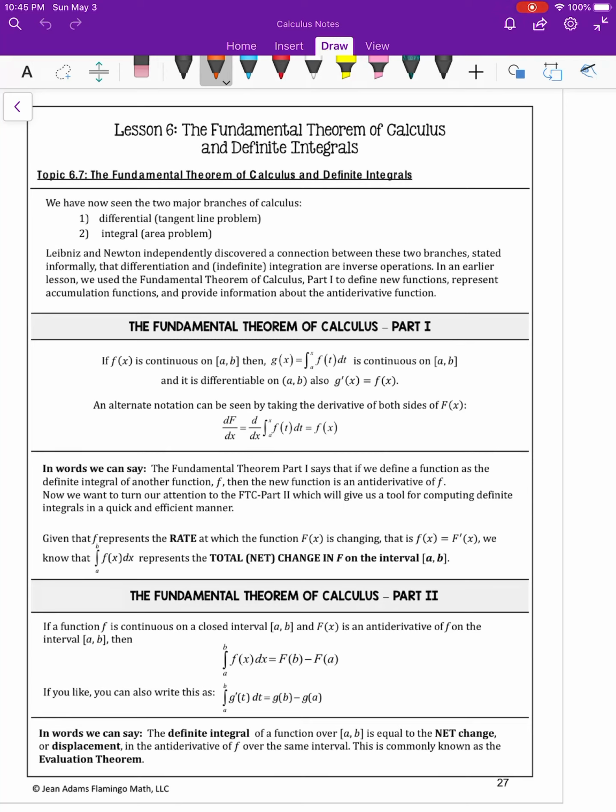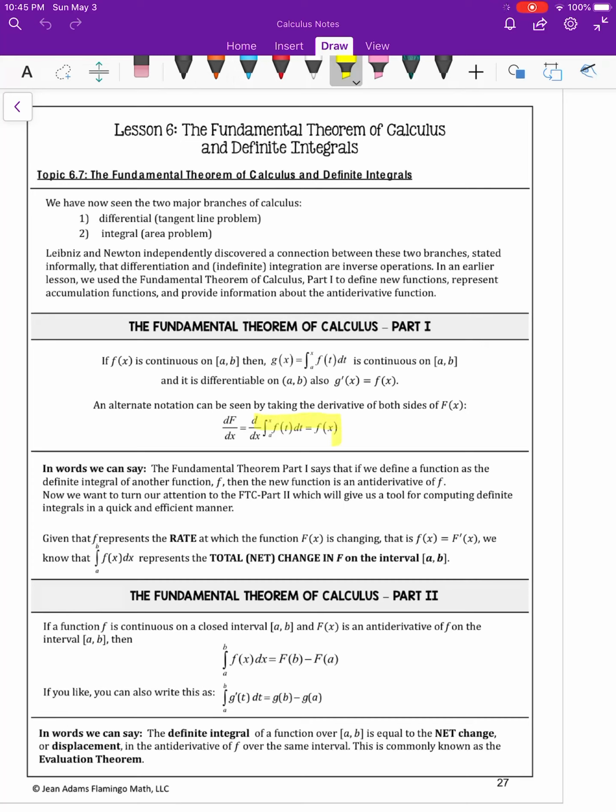So the Fundamental Theorem of Calculus Part 1: if f of x is continuous on a closed interval [a, b], then g of x equals the integral from a to x of f of t dt is continuous on the closed interval [a, b], and it is differentiable on the open interval (a, b). Also, g prime of x equals f of x.